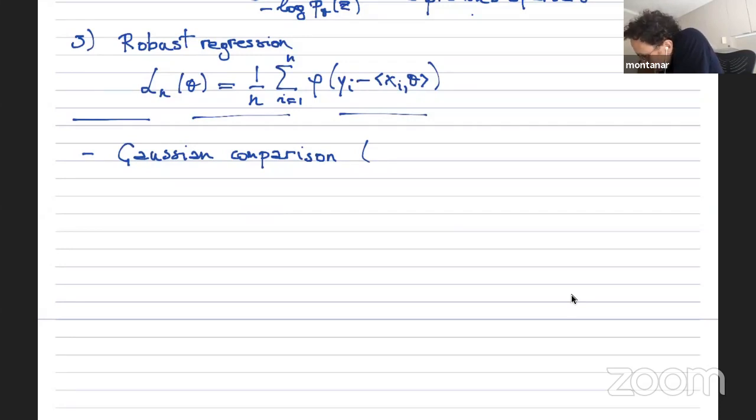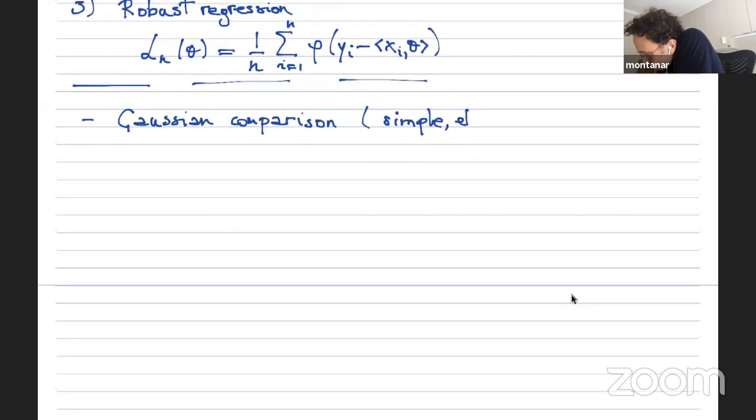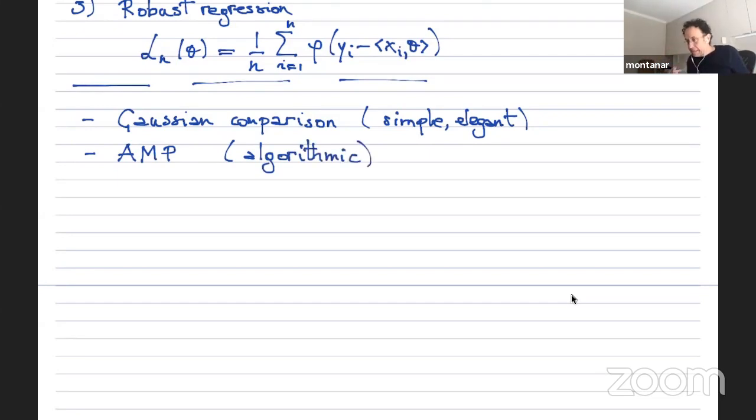The nice thing is that they are really simple to apply, and they are pretty elegant. Another set of techniques is related to the approximate message passing algorithm. The advantage of this kind of method is that they are algorithmic, in the sense that they don't only give you an analysis of the problem, but also give you an algorithm that solves it efficiently.